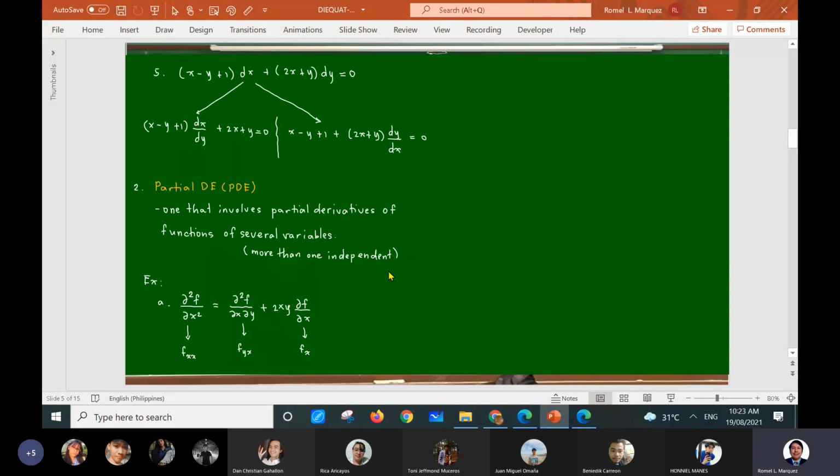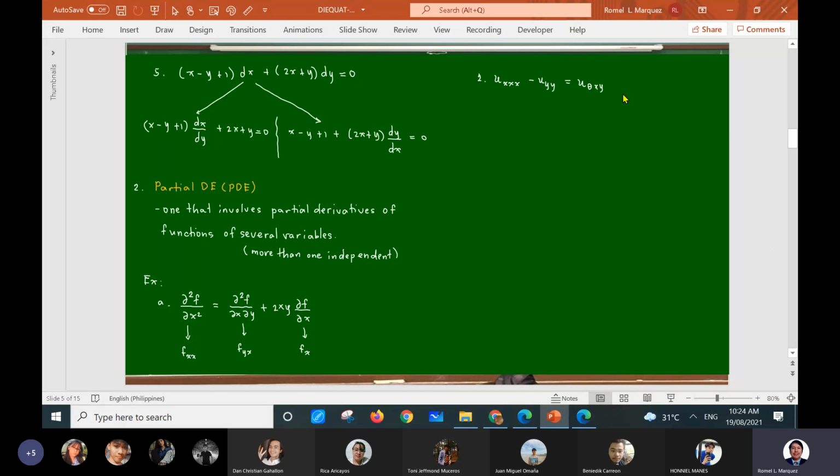For the second one, you have, let's say, u with triple subscript x, meaning the third partial derivative, thrice with respect to x, minus u with double subscript y, equal to u subscript xy.